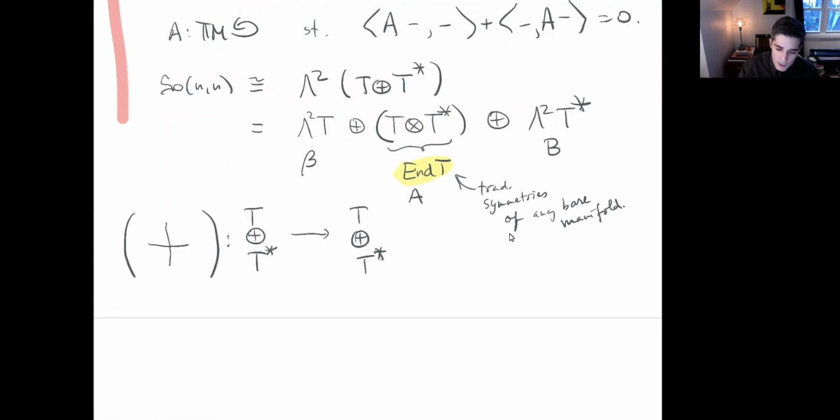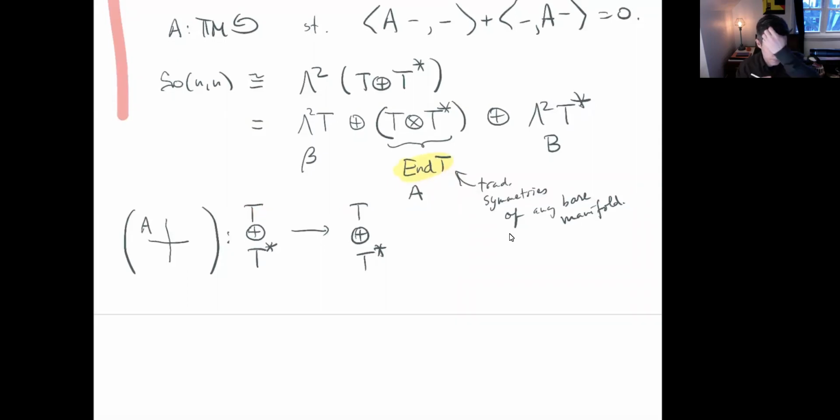And in this component, we should put the part of the matrix which sends t to t. Okay, and that's going to be your traditional endomorphism, A. But if you put A there, then minus A dual has to go here. And then we can put zeros here.